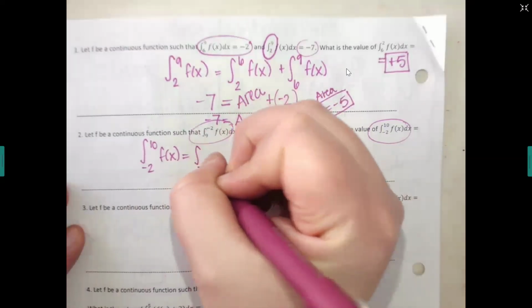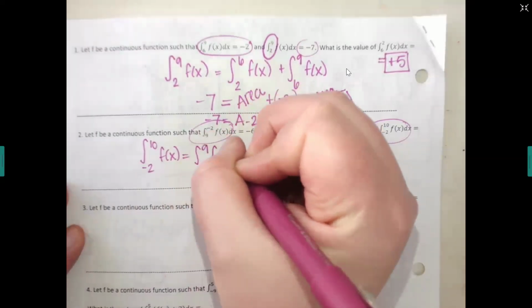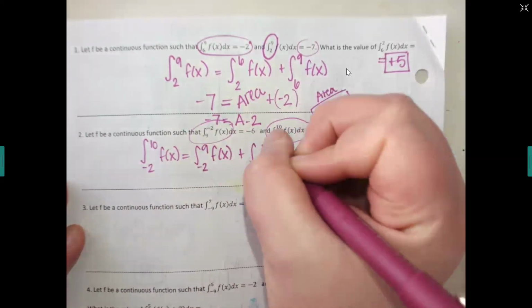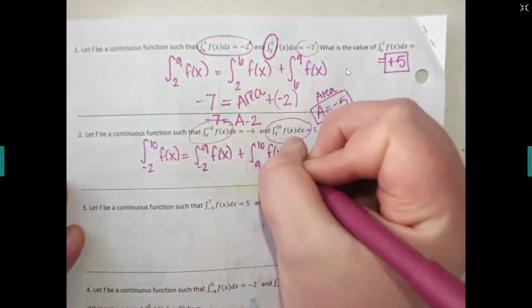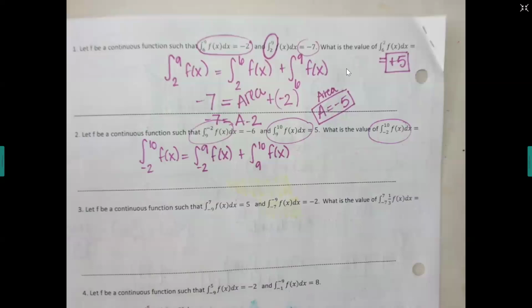I'm going to go -2 to 9, and then I'm going to add 9 to 10 to that. Based on the properties we did last time, this should make sense. If I go from -2, make a pit stop at 9, pick back up at 9, and go to 10, that's the same as this.